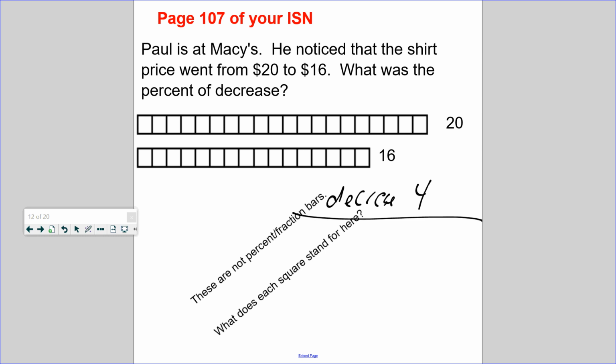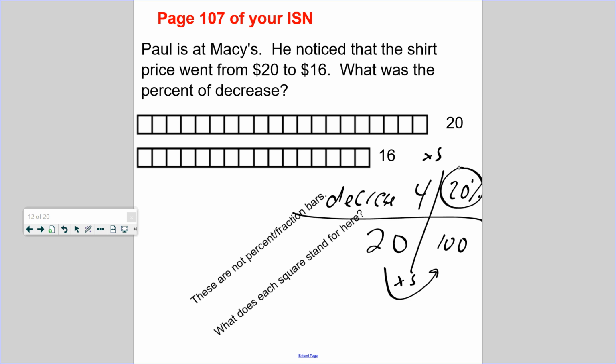But what was the original price? 20. How would you turn this into a percent? Times 5, times 5. It is a decrease of 20%. It went down 20%. You might say, I don't get it. So what is 10% of 20? 2. What's 20%? 4. So it went down 4.